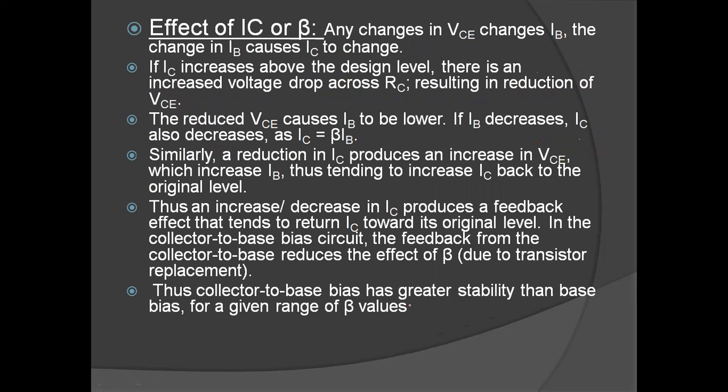Now, the effect of IC on beta. Whenever the collector current changes, it affects something. Any change in VCE changes IB. Whenever the collector emitter voltage changes, it changes the base current, and the change in the base current causes the collector current, that is the output current, to change.